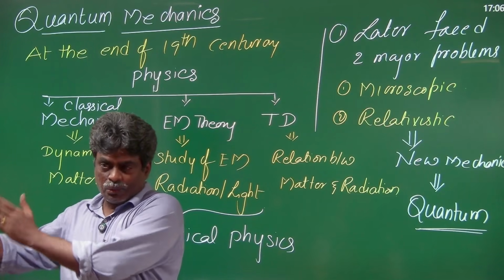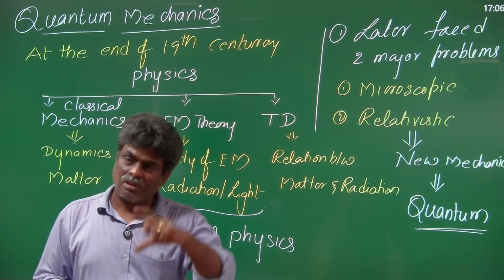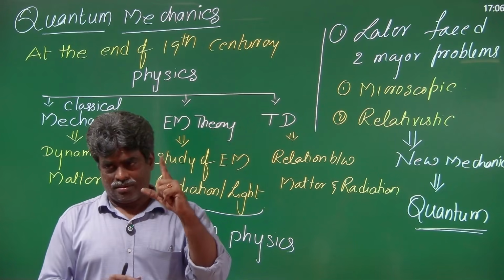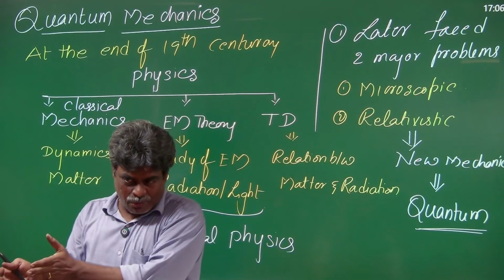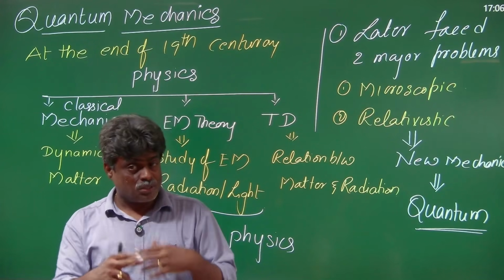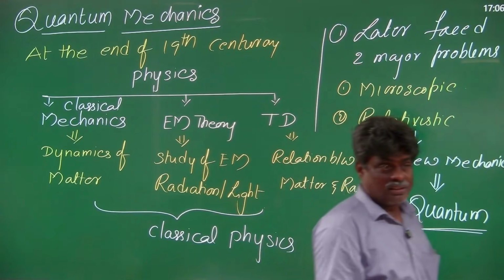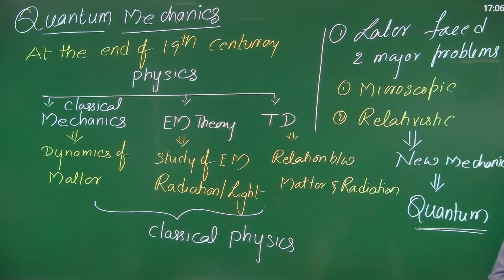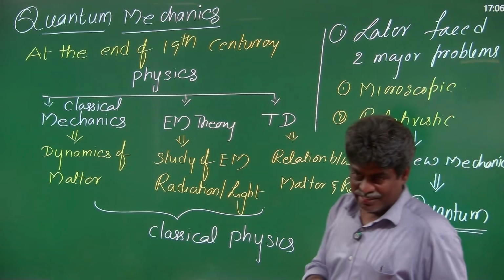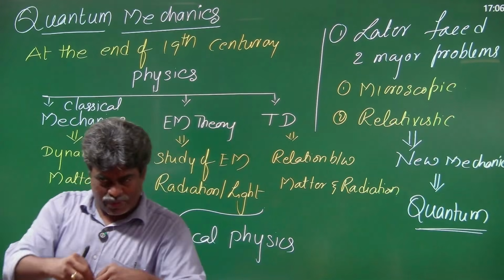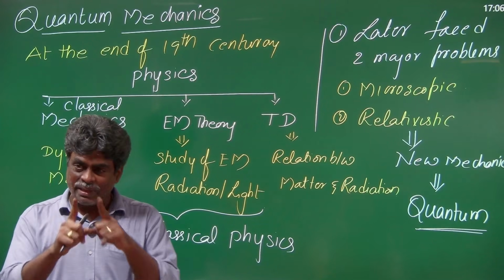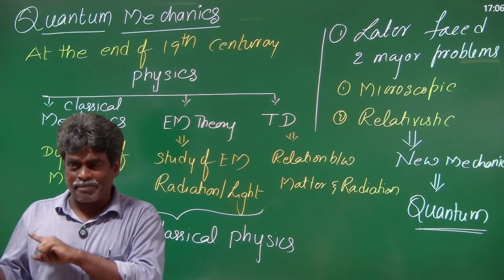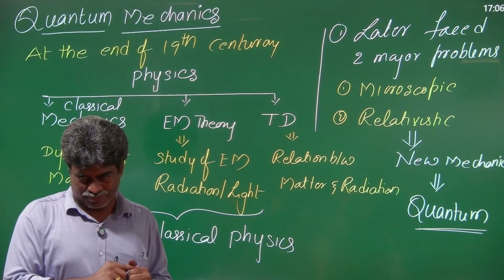Gamma splits into an electron and a positron. So radiation is converted to matter. Next, what is matter to radiation? Pair annihilation. Electron and positron combine together and you get radiation, gamma. So in this nature there are only two things: matter and radiation.